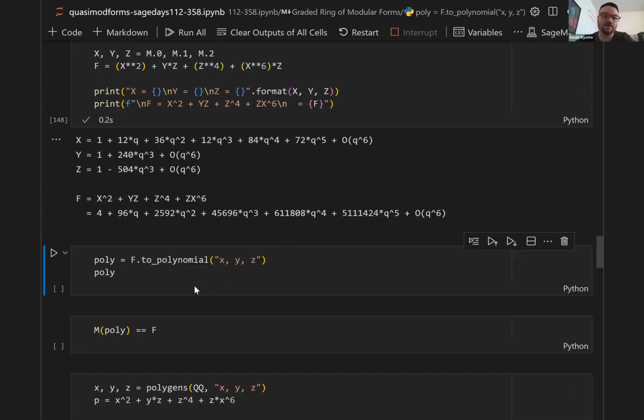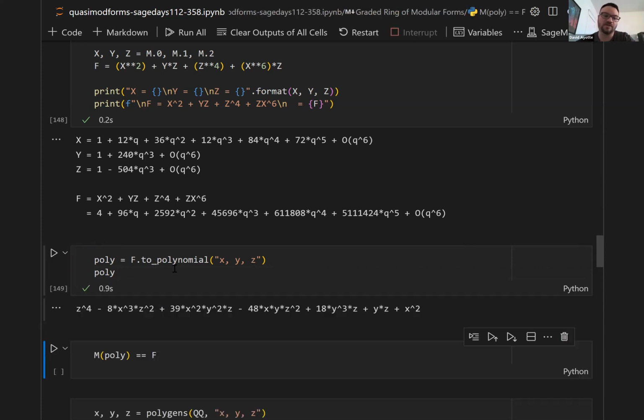If I want to convert this modular form into a polynomial in terms of these generators, you can simply write f.to_polynomial with the names here. Each name will correspond to a generator of the space. Doing this, it returns a polynomial where z corresponds to this z, x corresponds to this x, and y to this y.